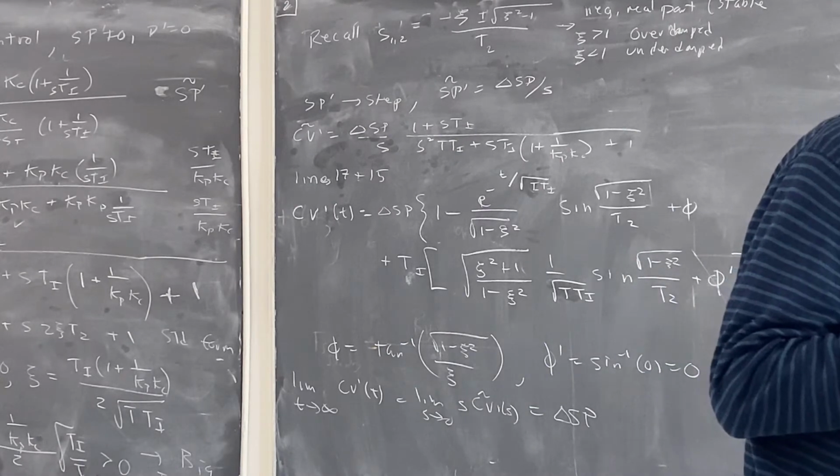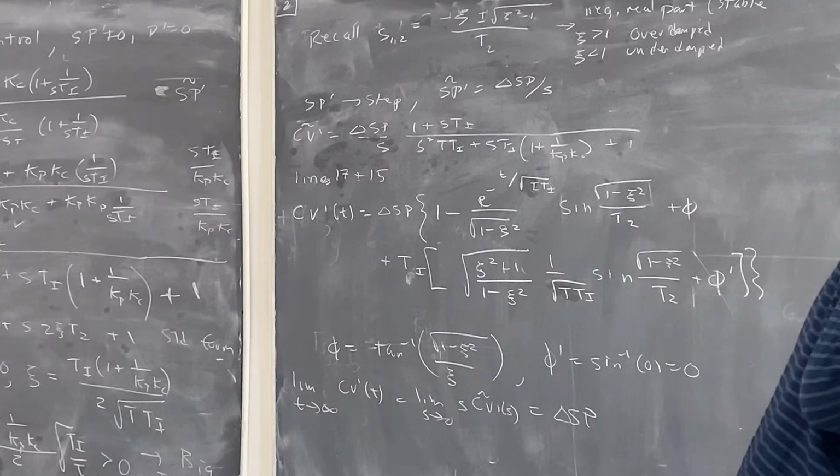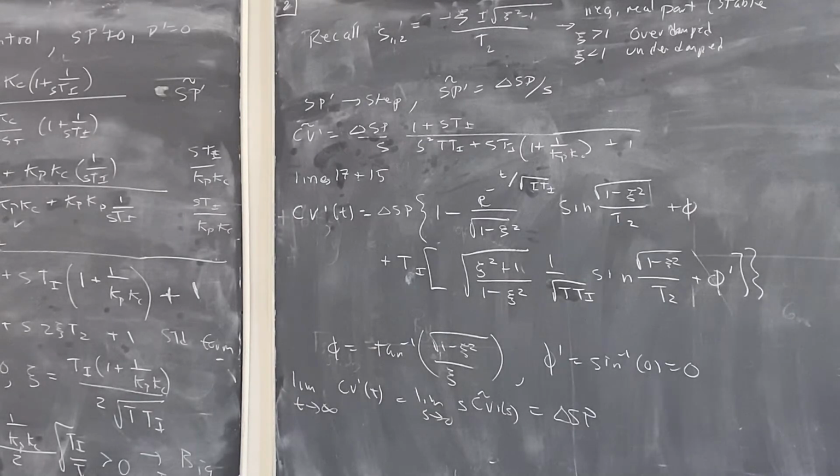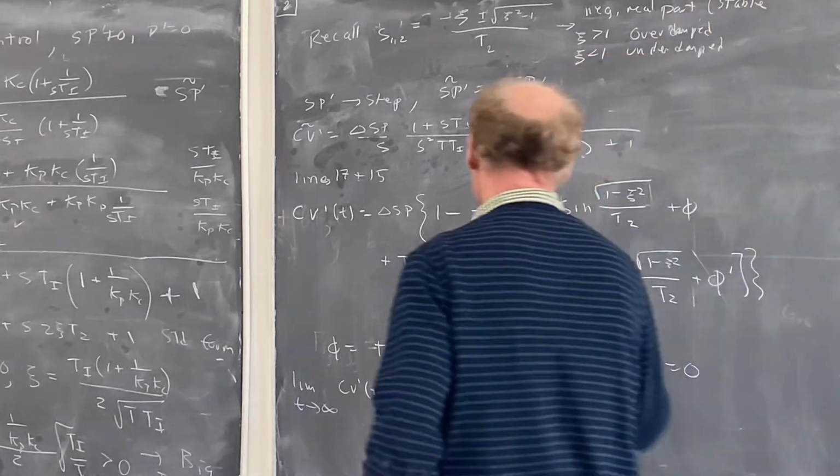It should be e to the minus ct over tau, and it was the same thing here. There was a c here.